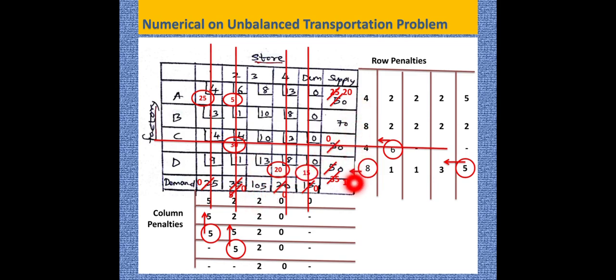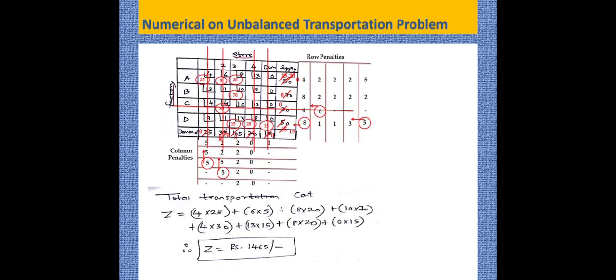So all the supply and demand will become 0 if I do that allocation. So 20 is allocated, 70 and 15 is allocated. Similarly, when I add all this, I'll get 105. 70 plus 20 plus 15 is 105. So this will become 0. That is, these all become 0, and this 15 also is 0.